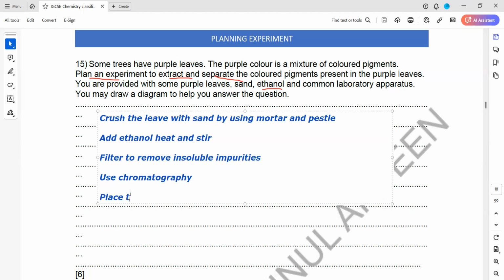We will place the extract on the chromatogram. With the help of chromatography paper, draw the baseline with pencil.